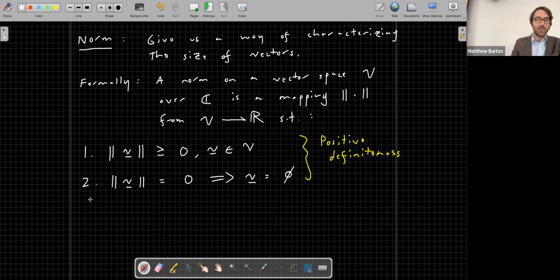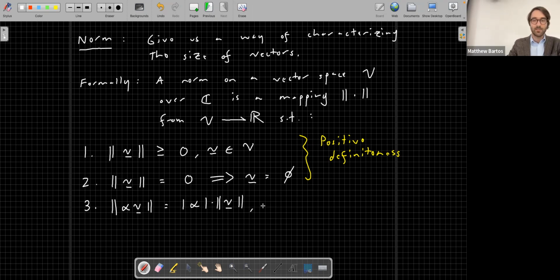Okay, the third property is the homogeneous property. So if we have our vector v from our vector space V, and we scale it by some amount alpha, and then we take the norm, this is equal to the absolute value of alpha times the norm of our vector v.